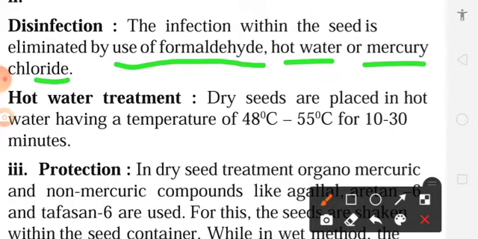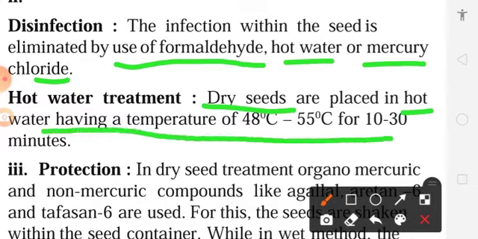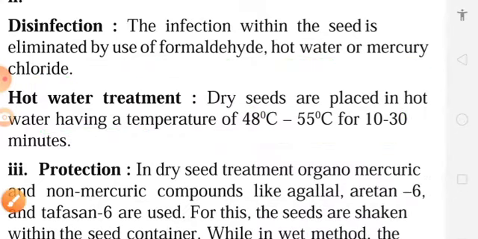In the case of hot water, dry seeds are placed in hot water at a temperature of 48 to 55 degrees centigrade for 10 to 30 minutes.